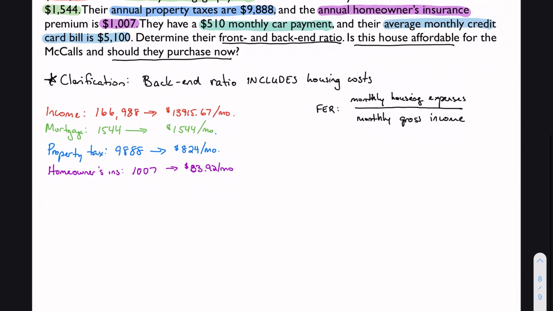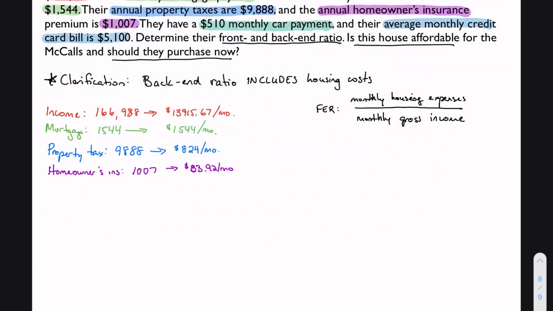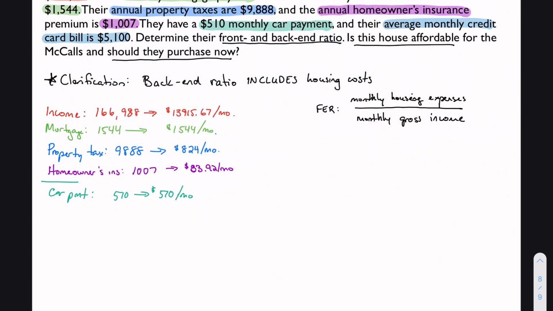Let's just get everything listed out now, just so we have it on hand. Things we won't need yet, because they don't pertain to the house, are a car payment of $510 a month and a credit card bill on average $5,100 a month.